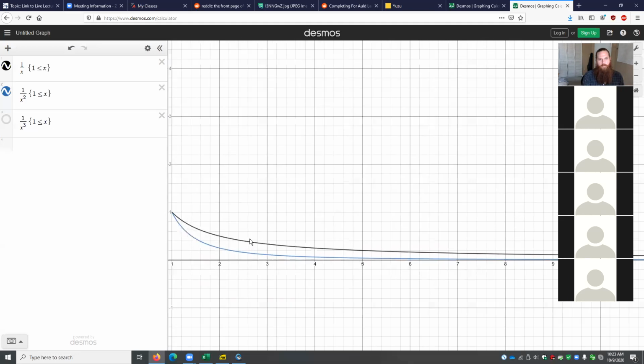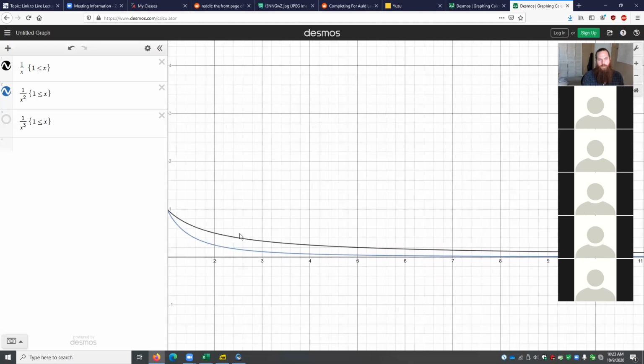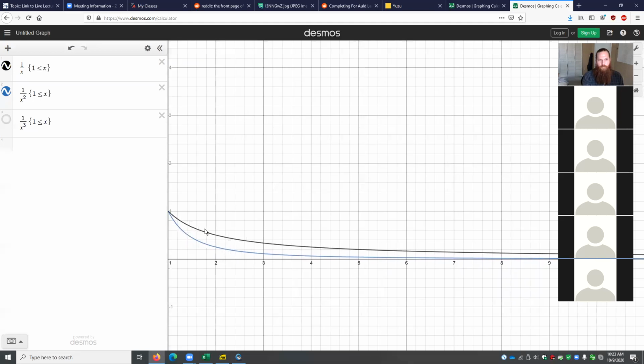The integral of the black function, 1/x, or the integral of the blue function, 1/x squared? Which would have a larger integral? 1/x. Yeah, the black function, right? The black function has more area underneath of it. The area under the blue function is contained within the area under the black function. And then 1/x cubed is smaller still.